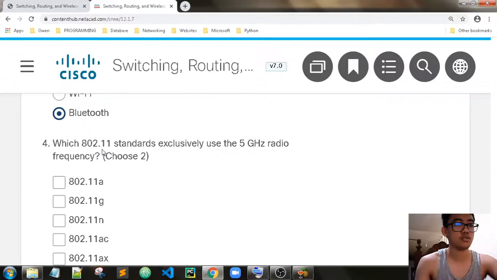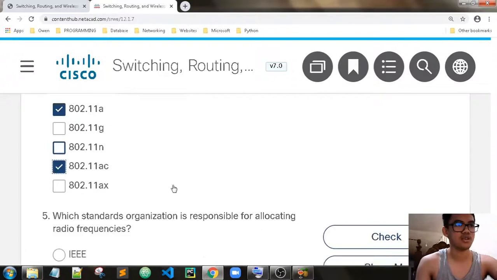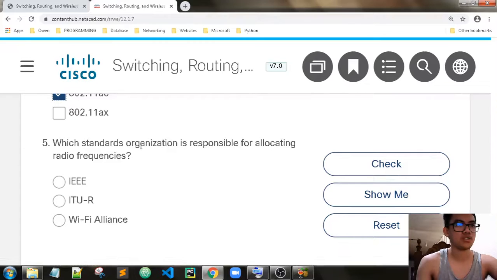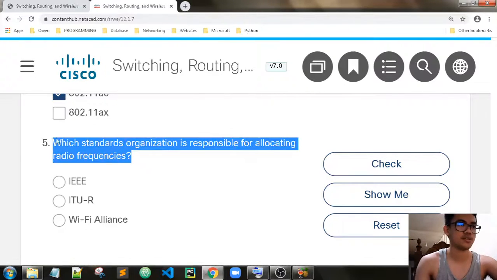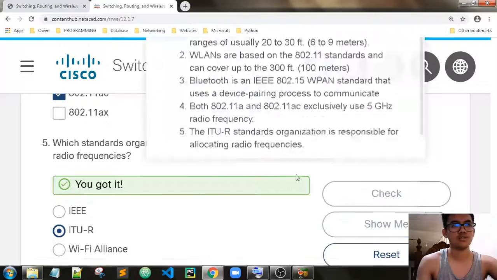Next, which 802.11 standards exclusively use the 5 GHz radio frequency? My keyword is that we have a letter A, so A and AC. Which standards organization is responsible for allocating radio frequency? The answer for this is ITU-R.